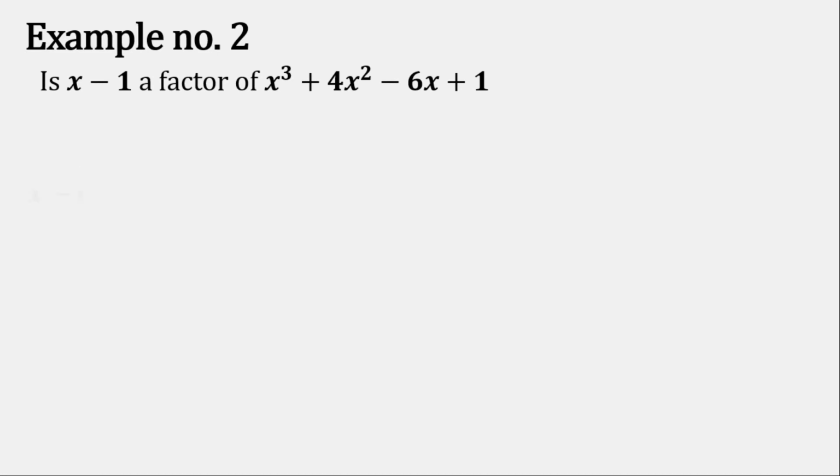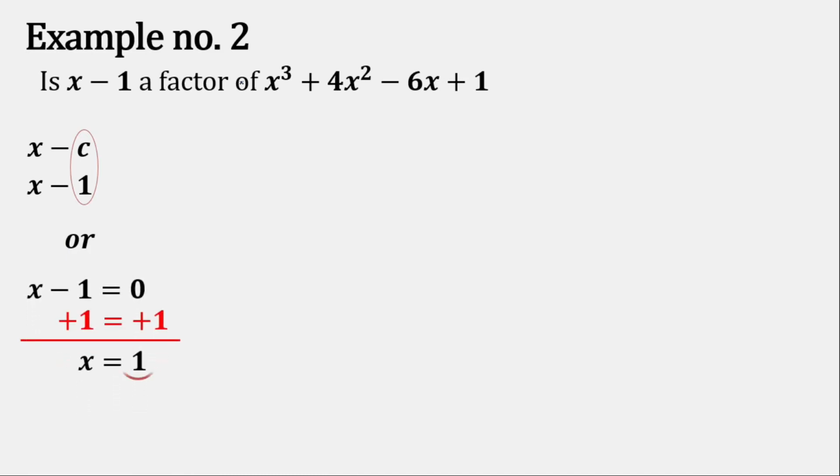Now, example number 2. Let's check if x minus 1 is a factor of this. All we have to do is divide this by this and see if the remainder is equal to 0 or not. To find that, let's check for the value of c, which is 1, or just equate x minus 1 to 0 and find the value of x, because the value of x will be equal to the value of c.